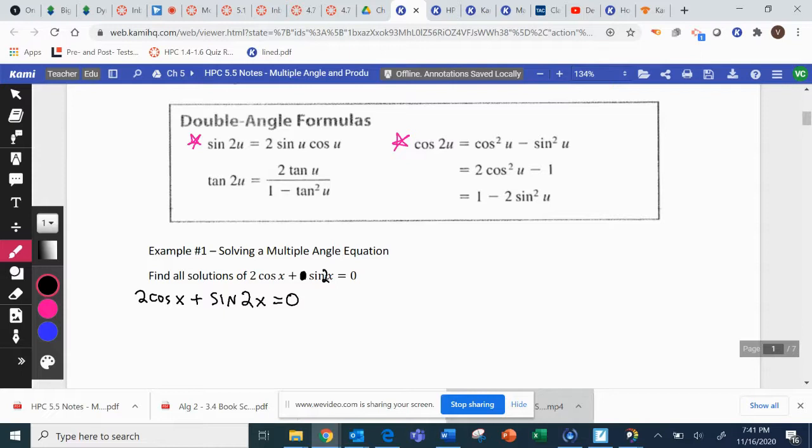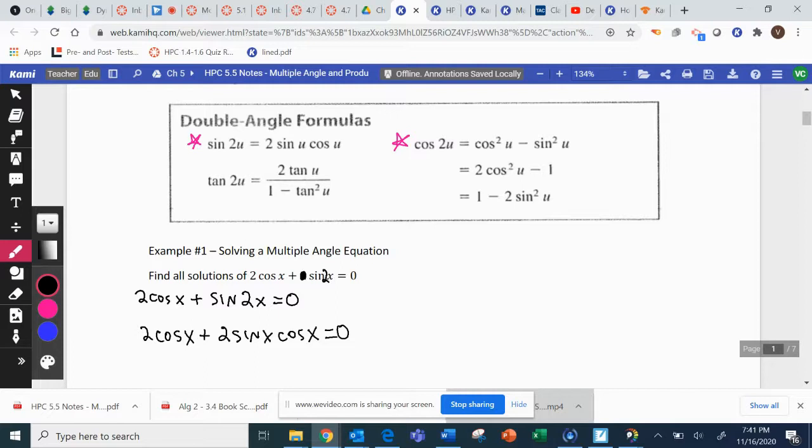All right, let's start it. 2 cosine x plus sine 2x equals 0. So we're going to use the sine 2u double angle formula. I will have 2 cosine x. I'm going to substitute sine 2x, I'm going to substitute that for 2 sine x cosine x equals 0.